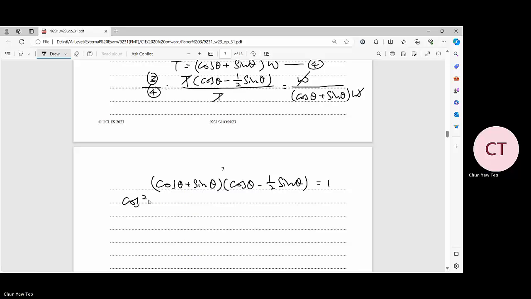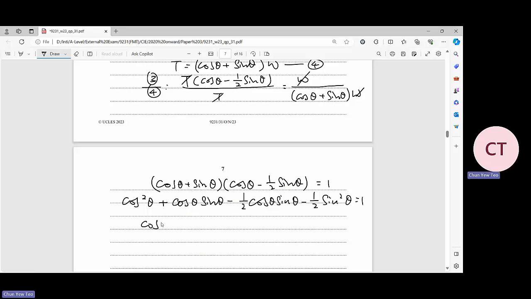Expand: cos square theta plus cos theta sin theta minus a half cos theta sin theta minus a half sin square theta equal to 1. So over here, these 2 can combine together, you get a half.